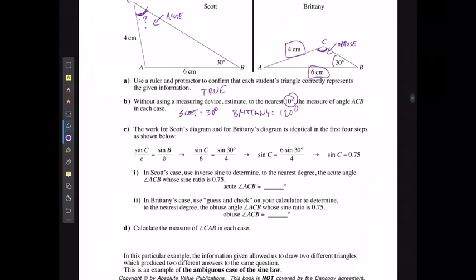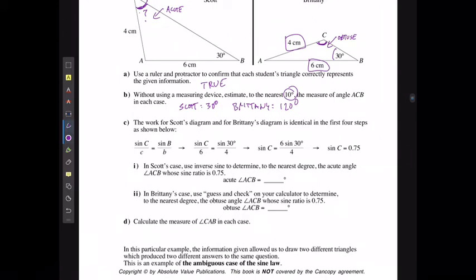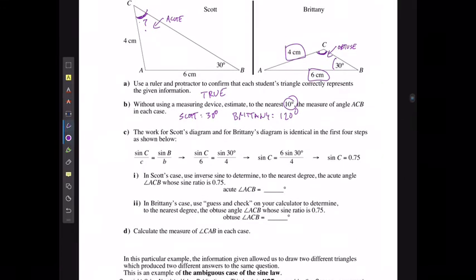All right. The work for Scott's diagram and Brittany's diagram is identical in the first four steps. So they said that sine C over C is equal to sine B over B, or sine C over 6 is equal to sine 30 over 4. Sine C is going to equal 6 sine 30 over 4, or sine C is going to equal 0.75. When Scott uses the inverse of sine to determine the angle, when he puts in sine to the negative 1 of 0.75, he gets 49 degrees.